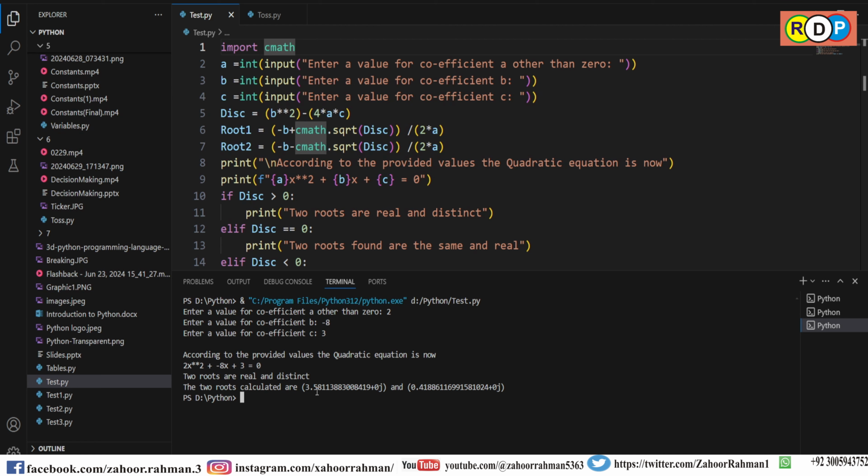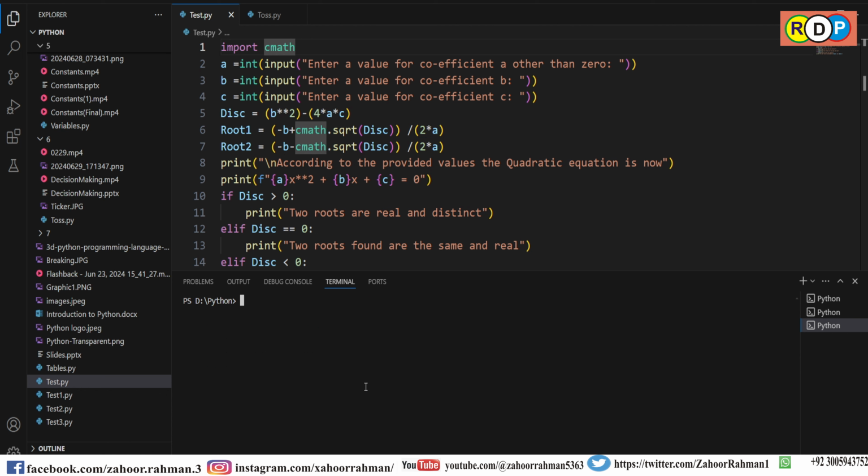They are different, meaning they are distinct from each other. Why is it giving me these decimal numbers? Because they are rational numbers. Rational numbers are those numbers which are written in the form of p over q. Let us run this program for another set of values.